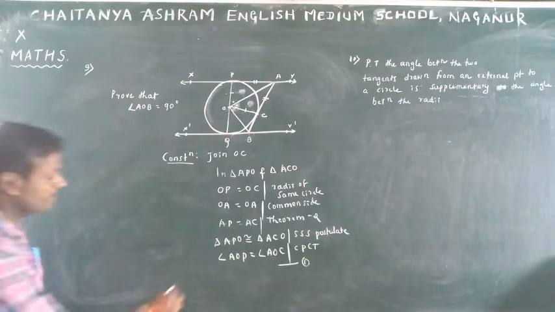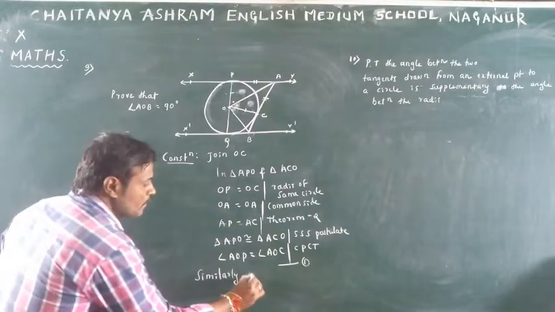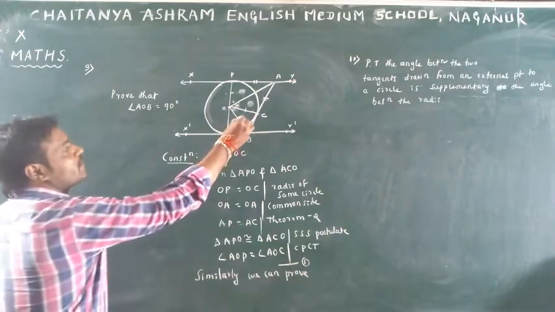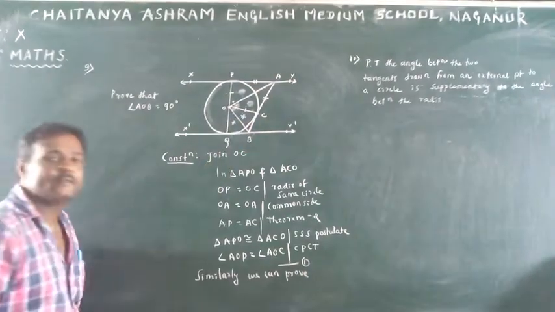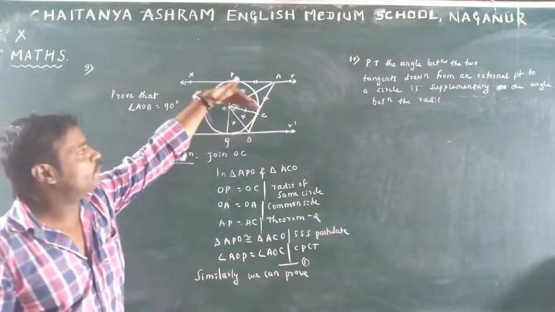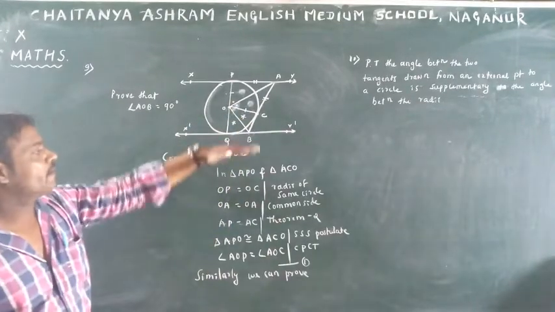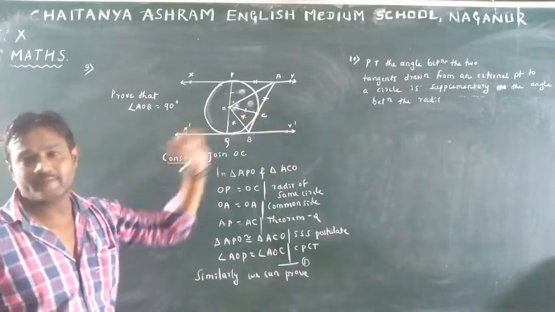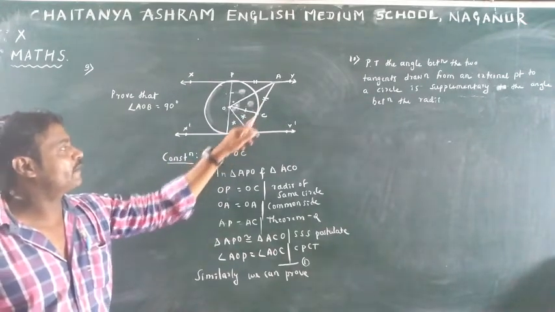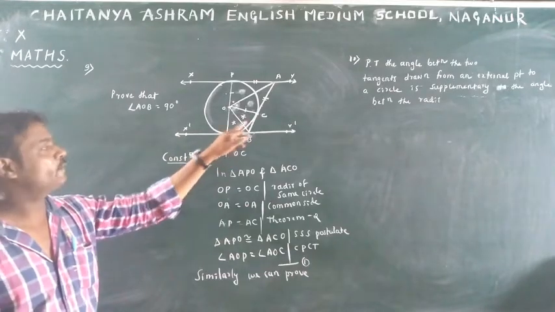And similarly, observe here, dear children, we can prove these two triangles are also congruent. The side OQ is equal to the side OC, OB is equal to OB, common side, and QB is equal to BC. B is an external point. By theorem number 2, these are the two tangents to this circle, and tangents from an external point are equal in length.